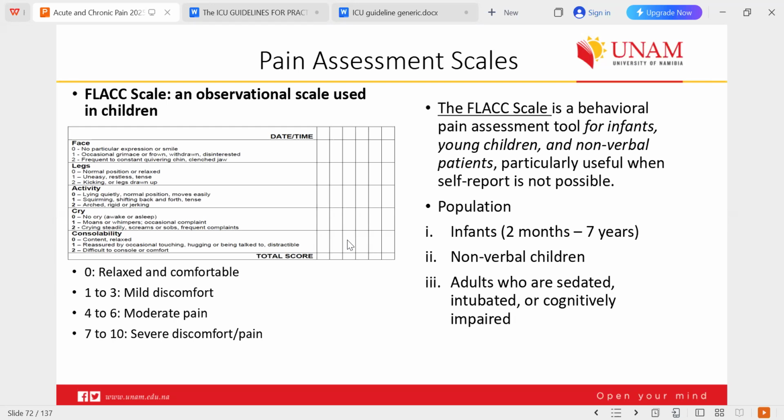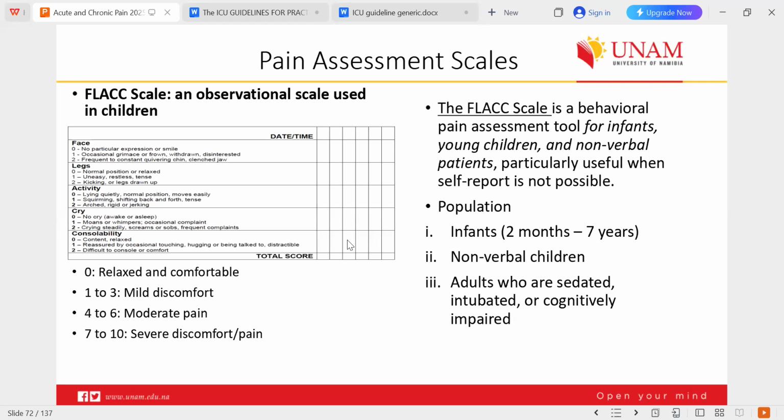Legs, is the leg well positioned or relaxed? Or is the leg uneasy, restless, and tense? If the child is kicking or the legs are drawn up, you give the patient 2. Activity, cry, consolability, these are the parameters that are observed in the FLACC scale.